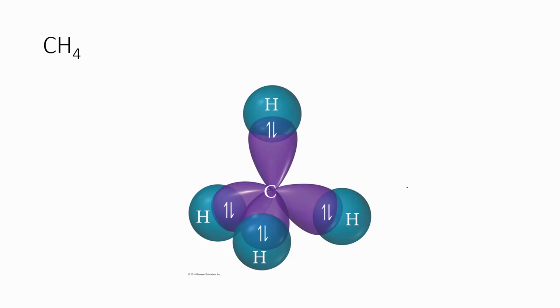And that's where we get this 109.5 degree angle between these sp3 hybrid orbitals. So here's our overlap. We have carbon, which has four sp3 hybrid orbitals. So we can say 1, 2, 3, 4.